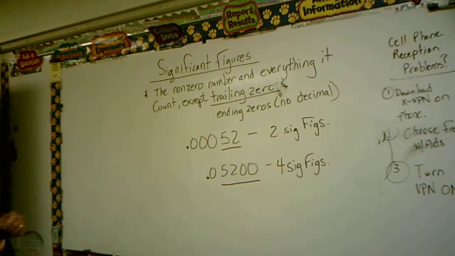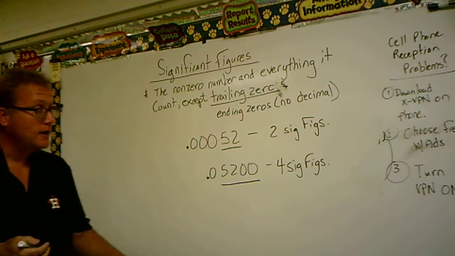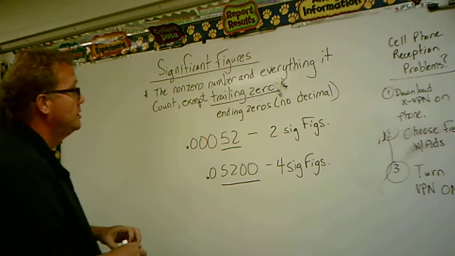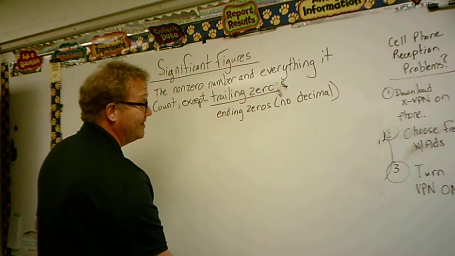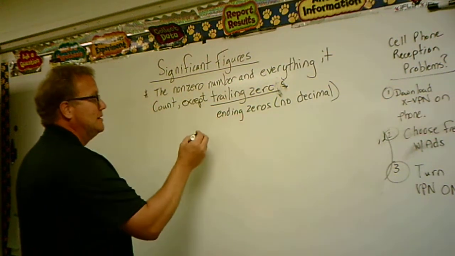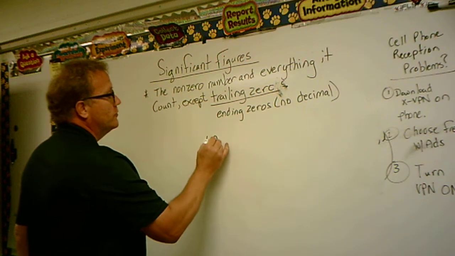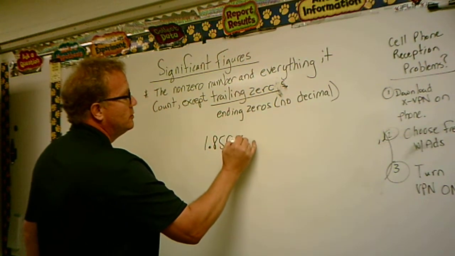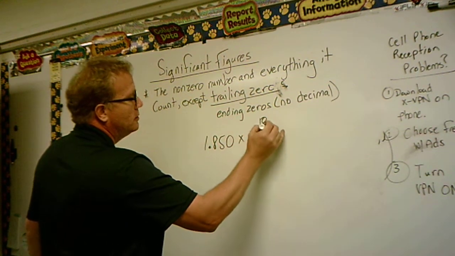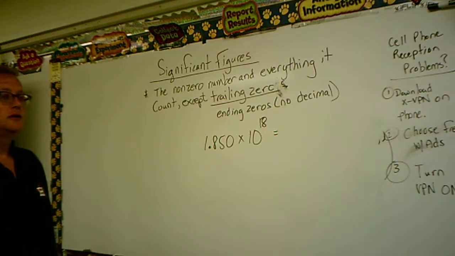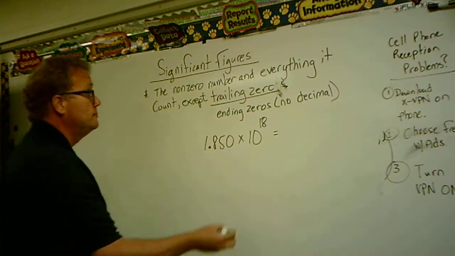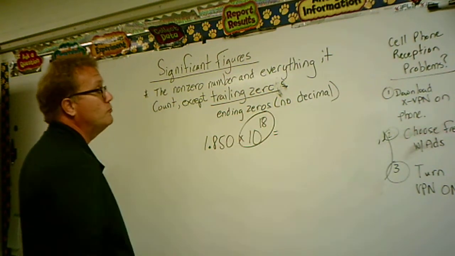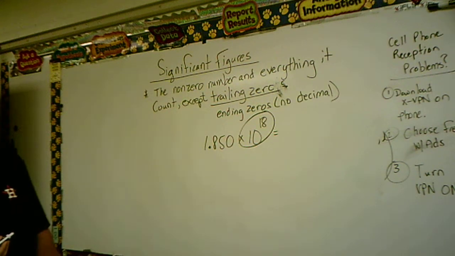Now, are those all the numbers that kind of look like that? Well, no. We also have something a little bit different. It's called scientific notation. So let's say I have a number that looks like this. And you're going to say, well, got a lot of zeros, so I'm going to have to count them. Sig fig wise, this doesn't make any difference.